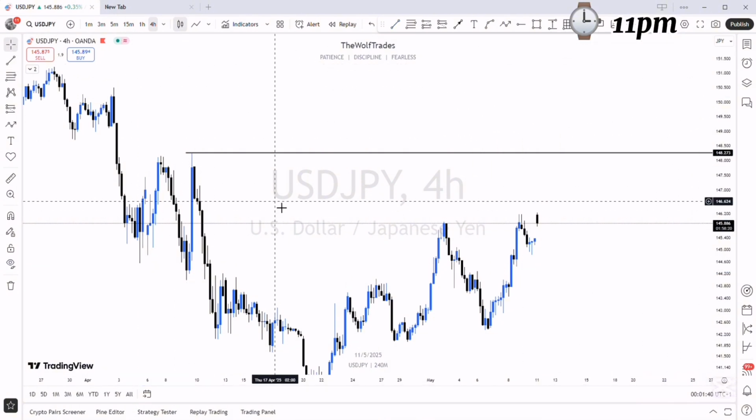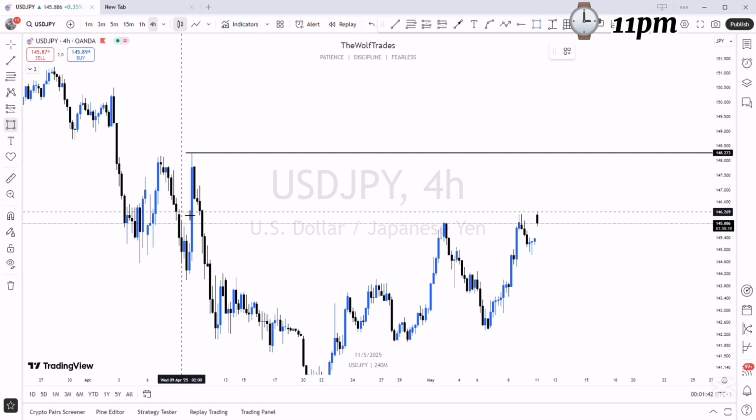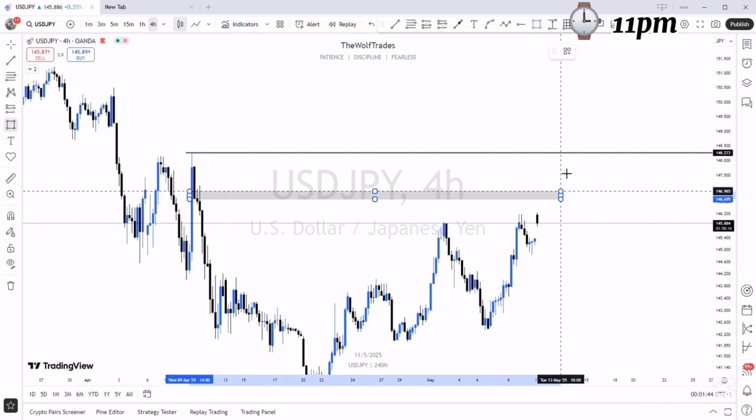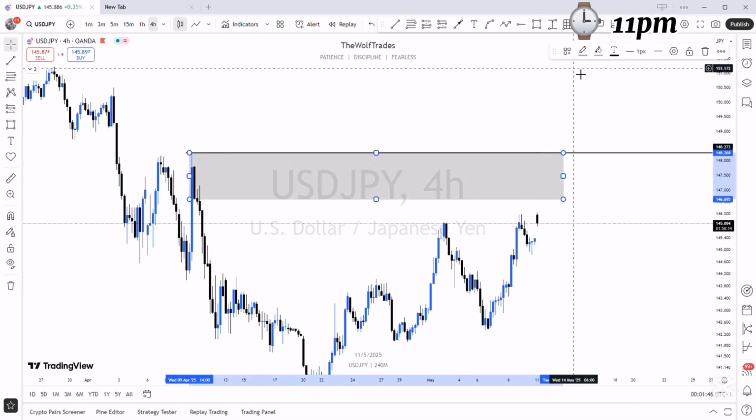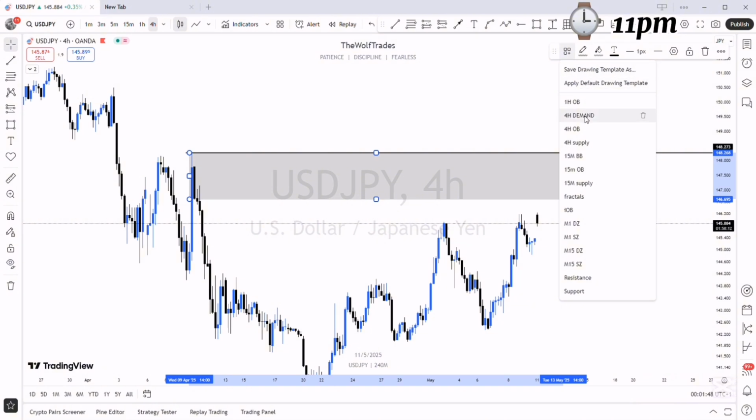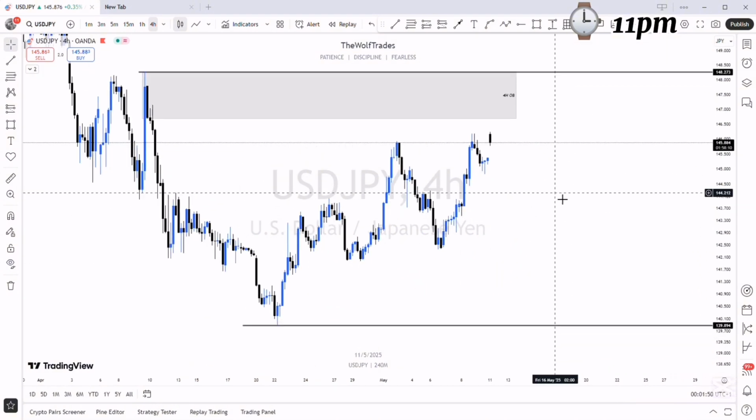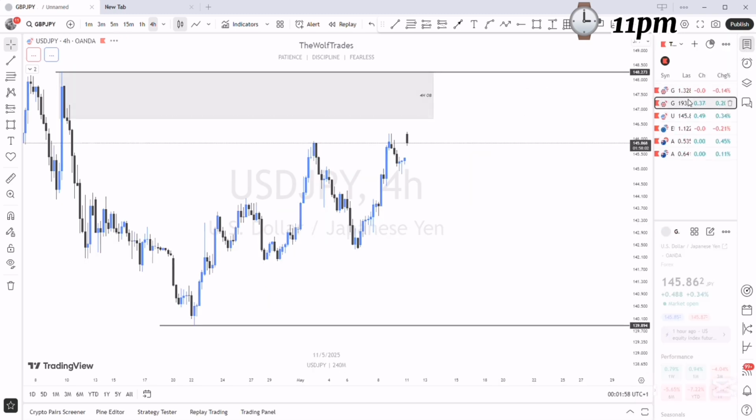So my far supply zone is the zone I'm expecting price to stop into for the whole week to get myself selling opportunities. There's more opportunity to buy this market because price hasn't got into my zone, my point of interest here.